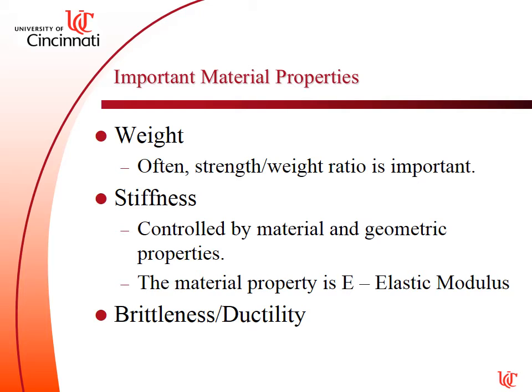Reinforced concrete has a density that's typically taken as 150 pounds per cubic foot. So steel is more than 3 times denser than reinforced concrete.